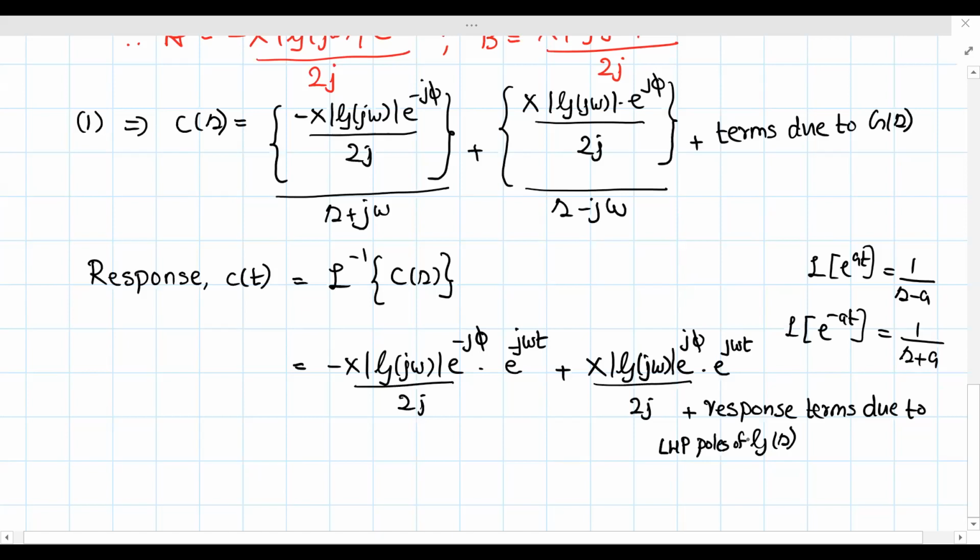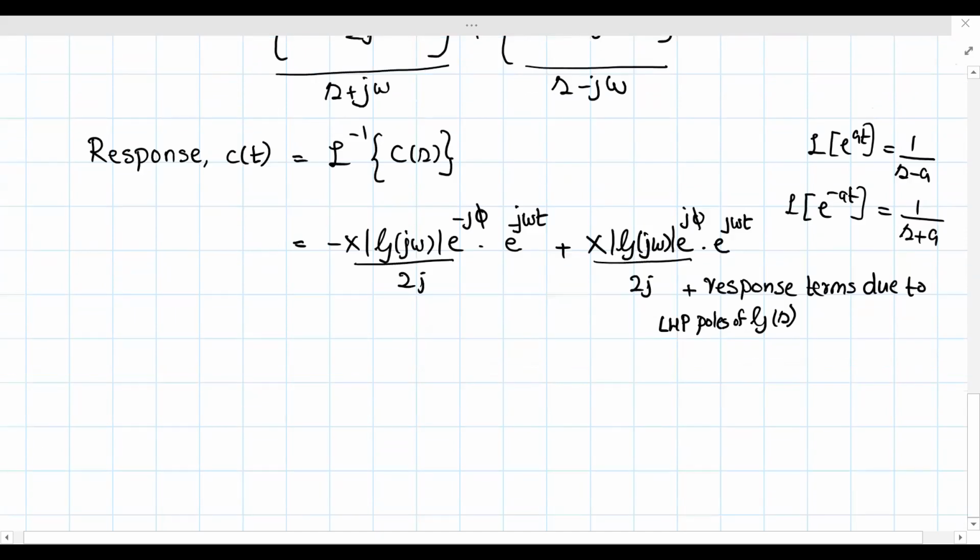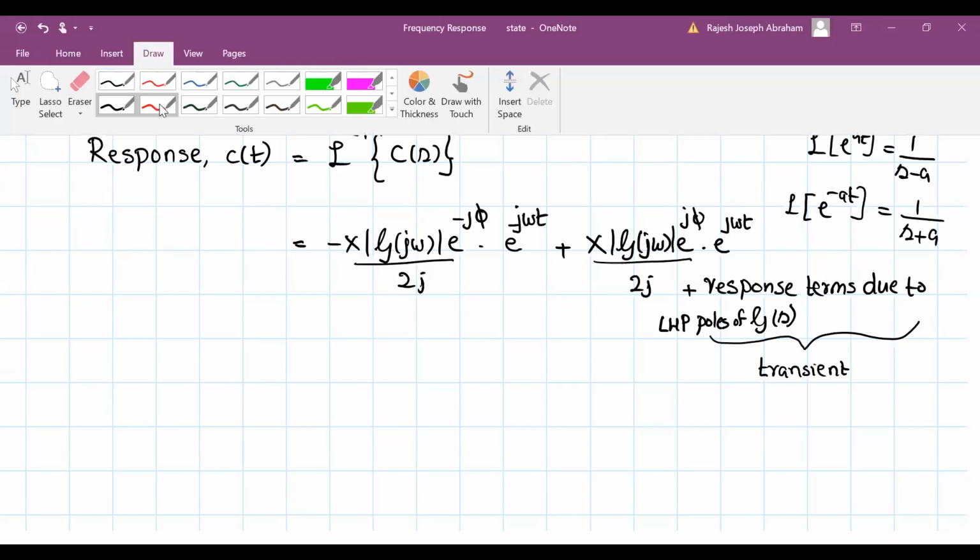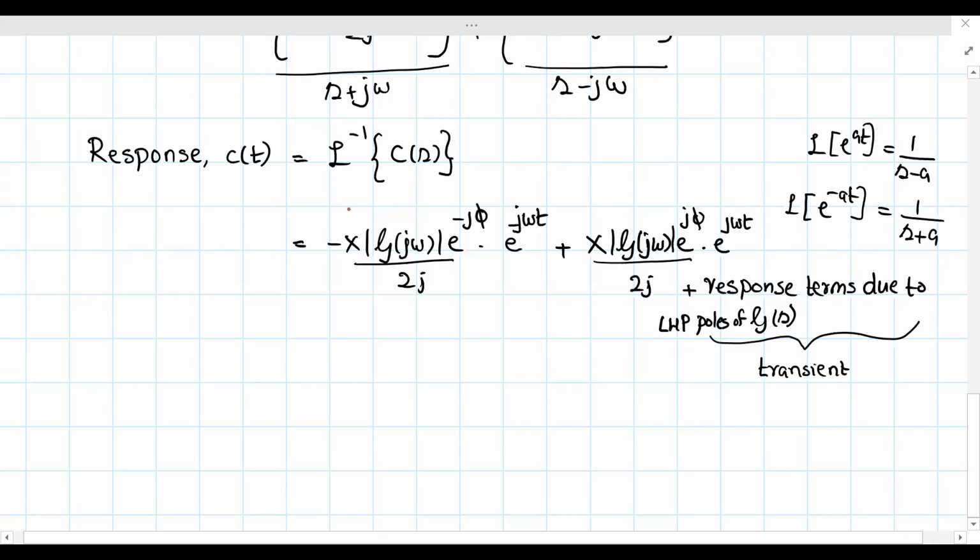Okay, now we have seen that any response consists of two parts. One is the transient part and the other one is the steady state part. So the transient part is contributed by the system poles. Okay, so that means this is the transient part, and these two are the steady state components of the output.